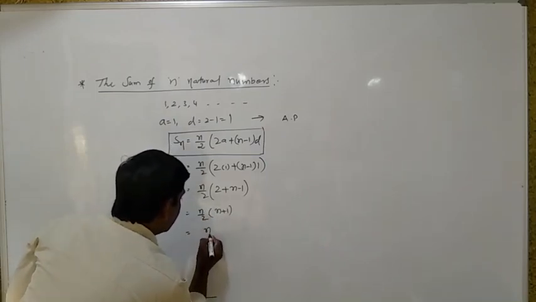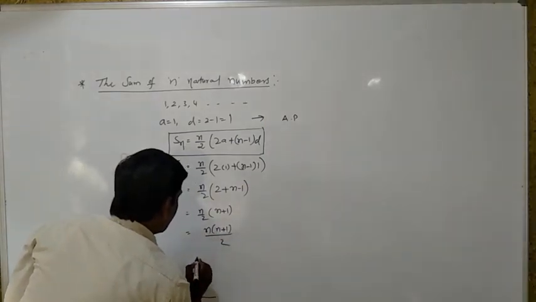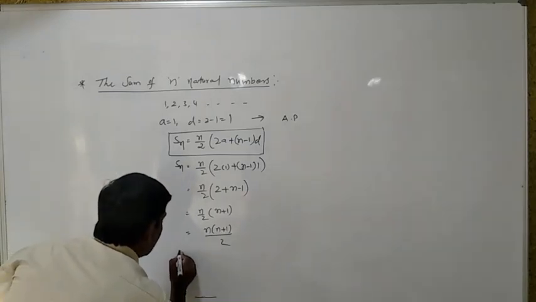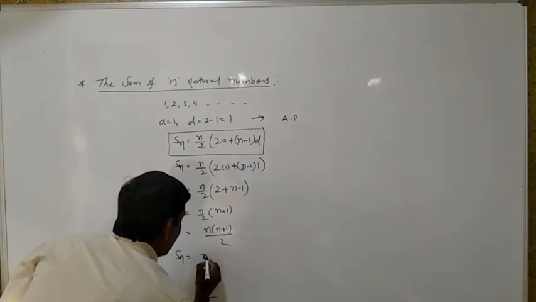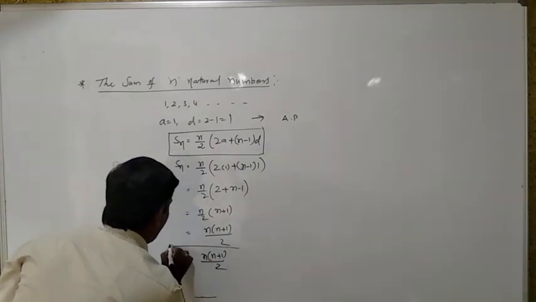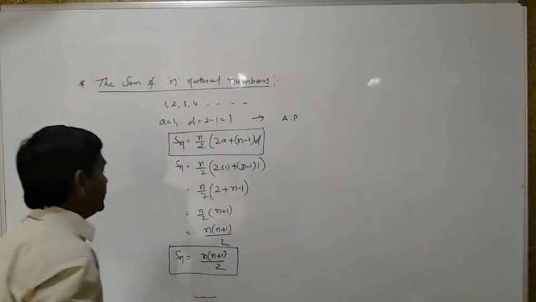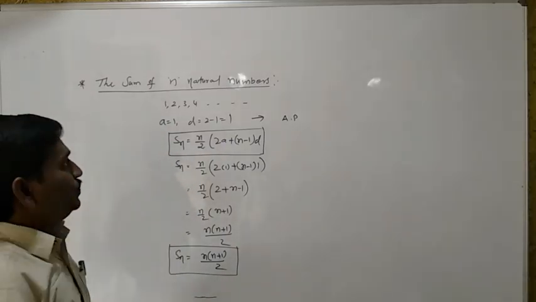And we can write like this, n into n plus 1 by 2. So the sum of n natural numbers Sn equal to n into n plus 1 by 2.